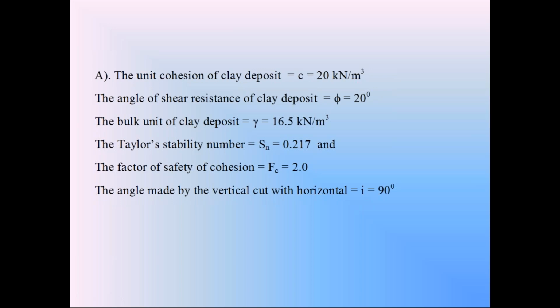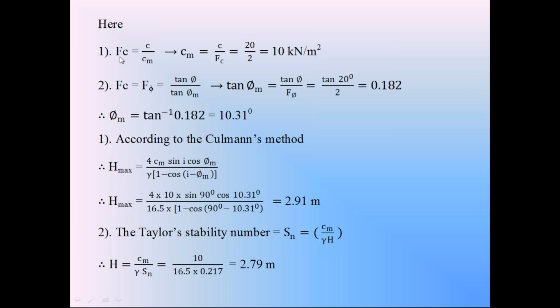First, the factor of safety of cohesion Fc. Dear students, we know that in soil slopes we have three factors of safety: factor of safety of shear strength, factor of safety of cohesion, factor of safety of friction. The factor of safety of cohesion Fc is equal to C by Cm, natural cohesion by mobilized cohesion.